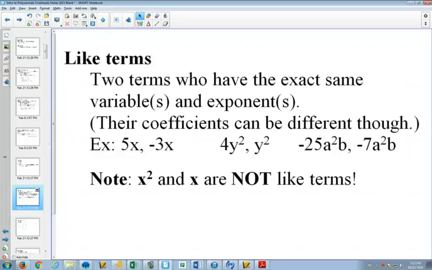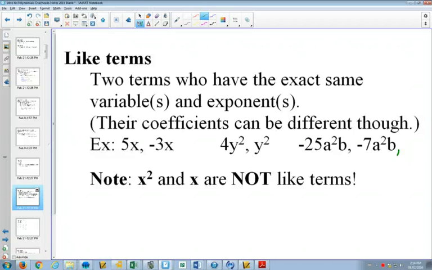It doesn't matter if their coefficients are the same. So in other words, the number in front can be different, but as long as they have the same variables with the same exponents, they are like terms. So here we have 5x and negative 3x. Those are like terms. 4y squared and y squared are like terms. Negative 25a squared b and negative 7a squared b are like terms.